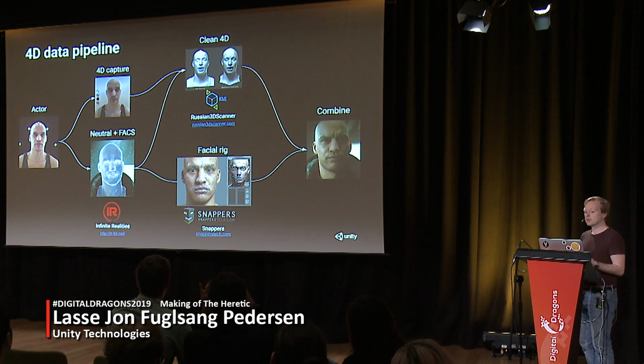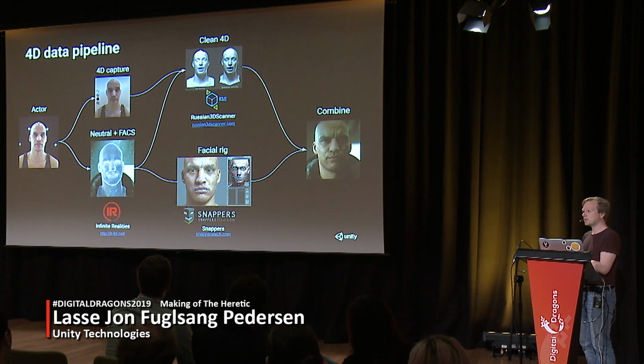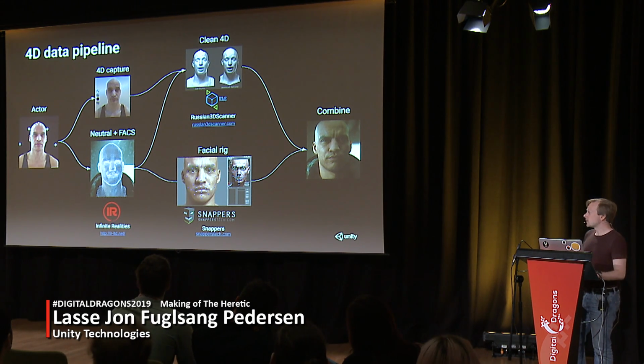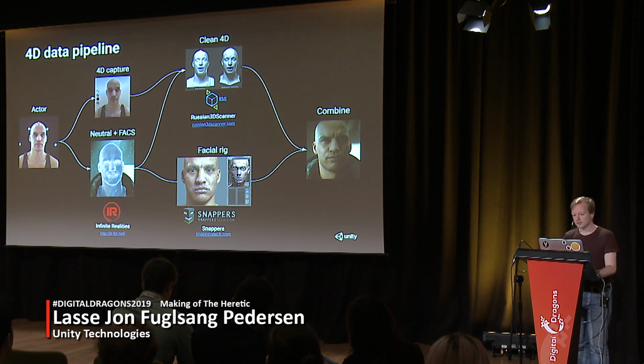Then the correlation of the 4D frames and the blend shapes of the rig was done by data fitting. And that's a technical topic in its own right. But briefly, I can mention that we used a non-negative least squares method to find these blend shape weights for each of the 4D frames.